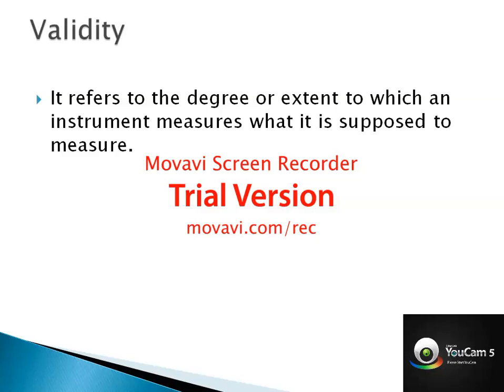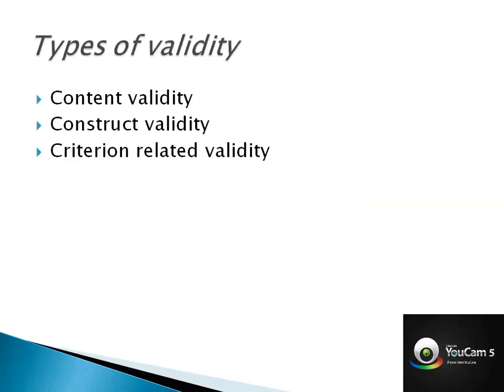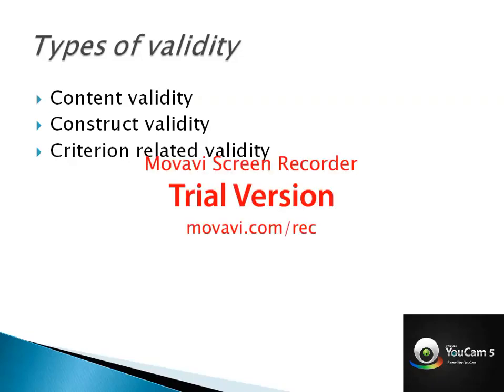We call this validity. There are three main types of validity: content validity, construct validity, and criterion related validity. We'll discuss them one by one.